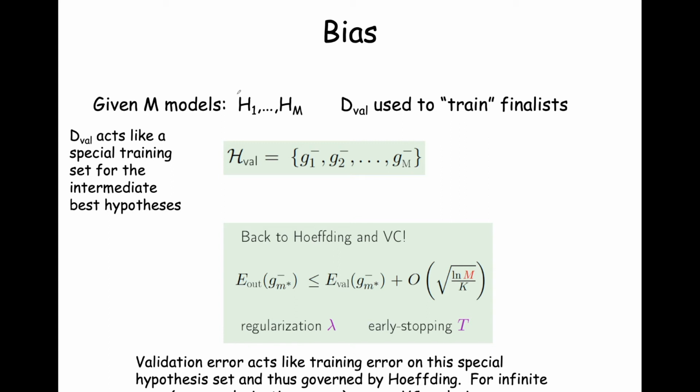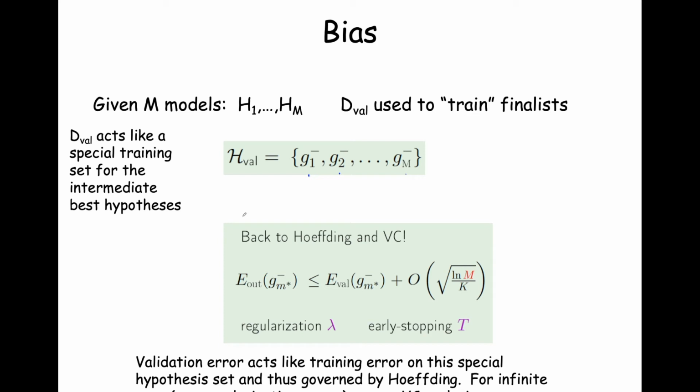Our set of hypotheses here has M many hypotheses, and essentially we're using D val to select either g1 minus, g2 minus, or up through and including gM minus. If we think about this validation, this optimistic bias-based selection, as a type of training, D val acts like a special kind of training set for these intermediate, limited final best hypotheses. You're making a selection from among them.